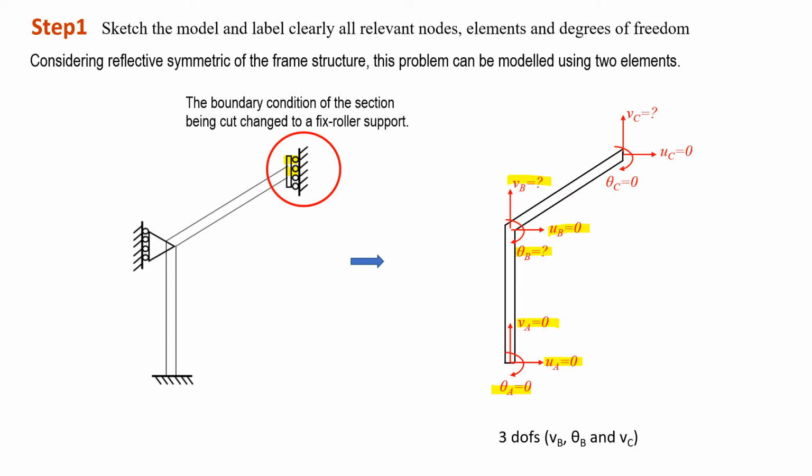So when fixed, theta is always 0. That's why for point C, theta C is equal to 0. UC, of course, will be equal to 0. And only VC is unknown. So in this case, there are three unknown degrees of freedom, which are VB, theta B, and VC.